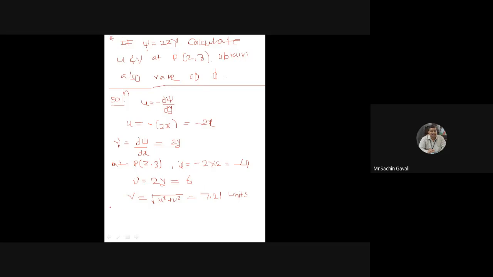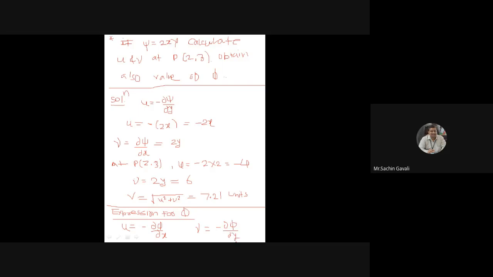Now here, to obtain the expression for phi, u is equal to minus dou phi by dou x, and v is equal to minus dou phi by dou y.